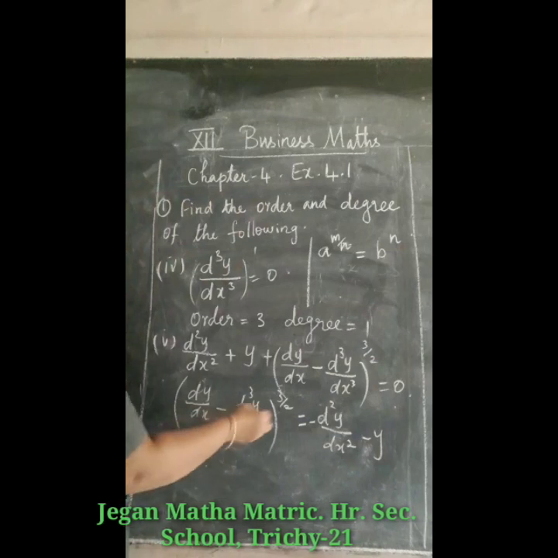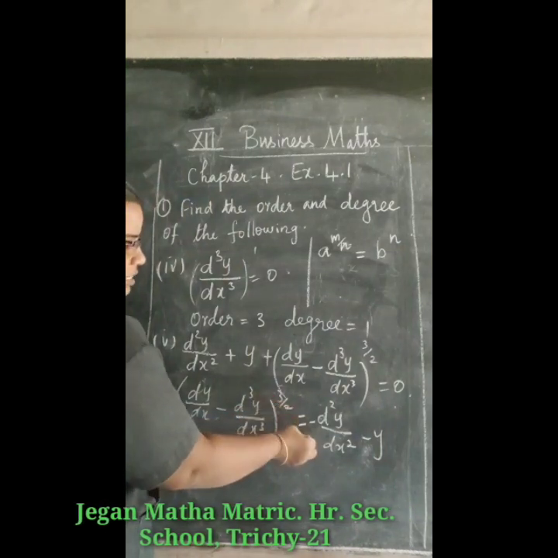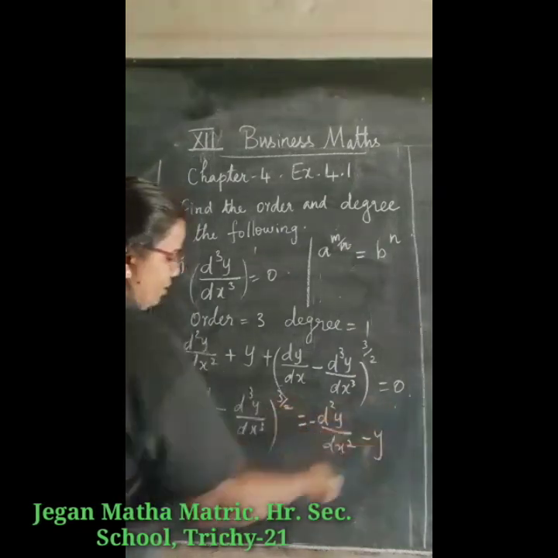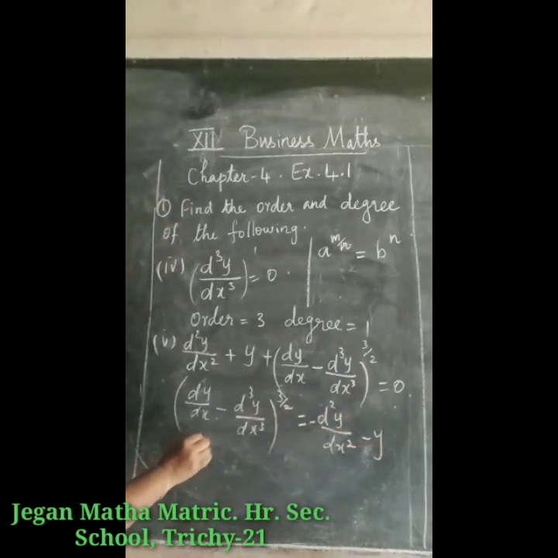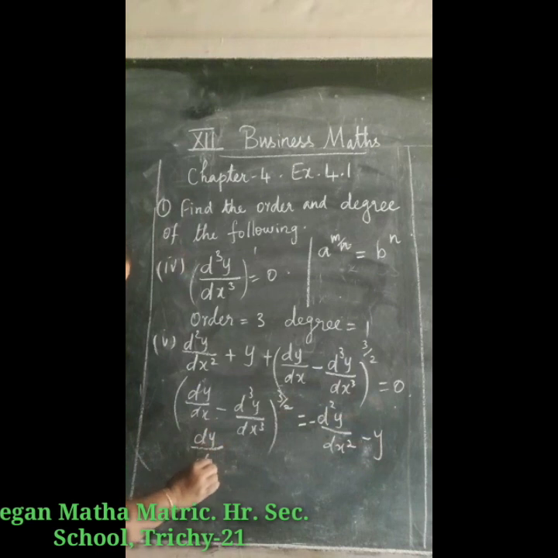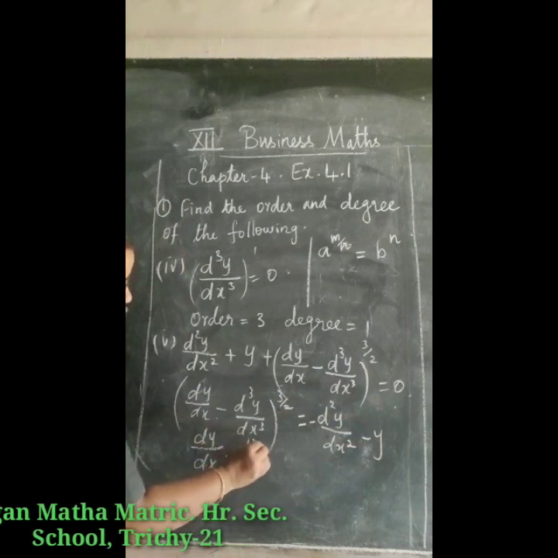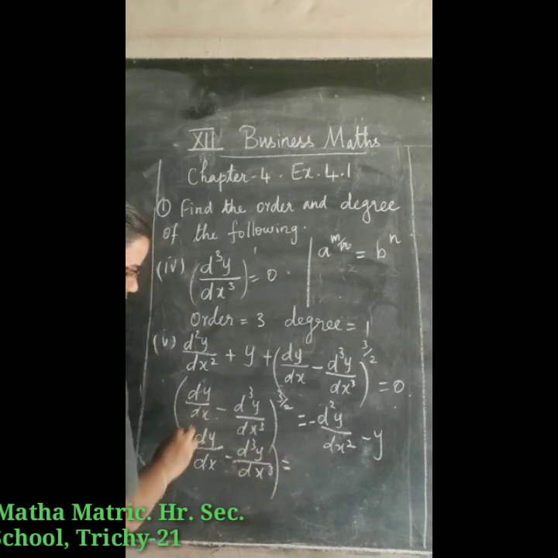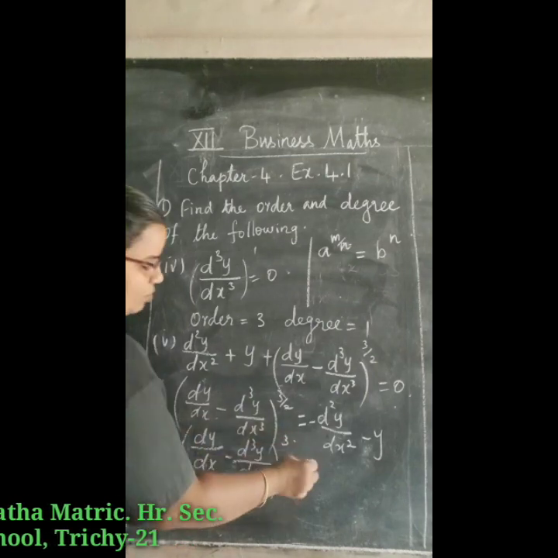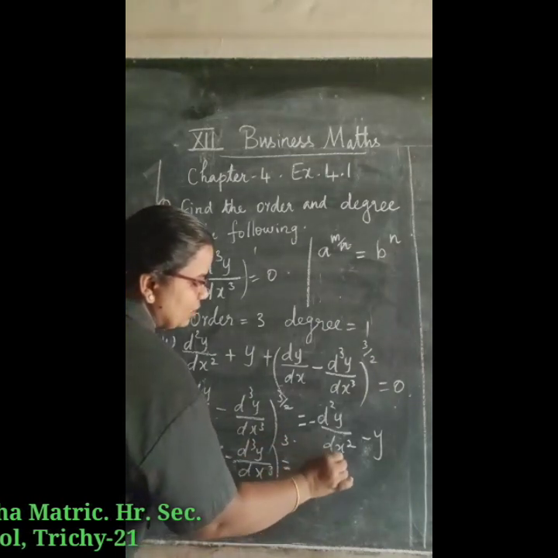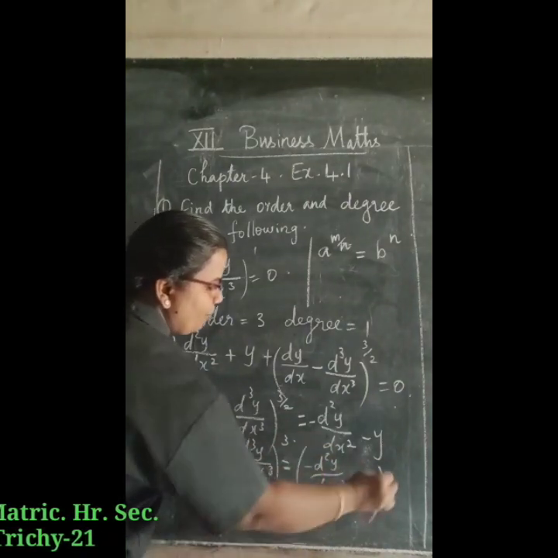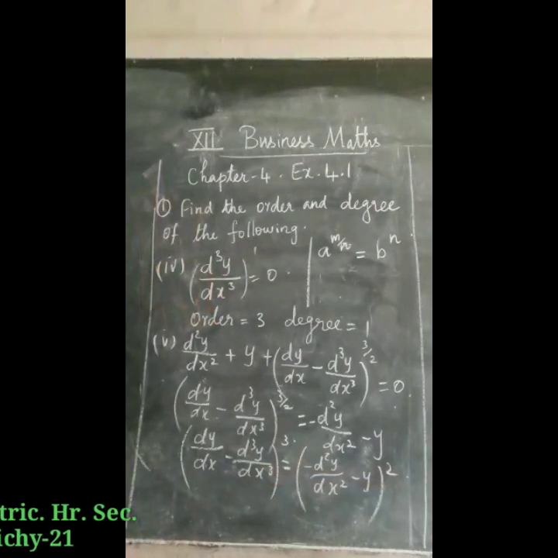So you have to change this square root into the power on the right hand side. So dy by dx minus d cube y by dx cube the whole power 3 is equal to minus d squared y by dx squared minus y the whole power 2.